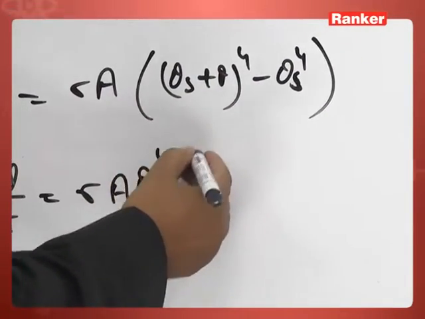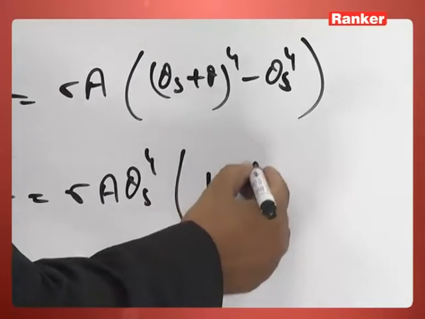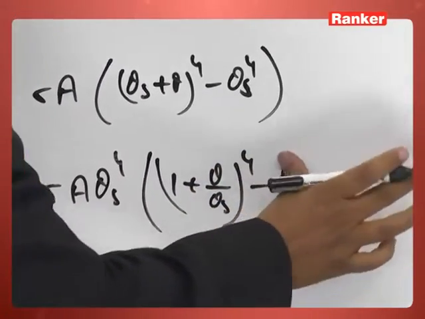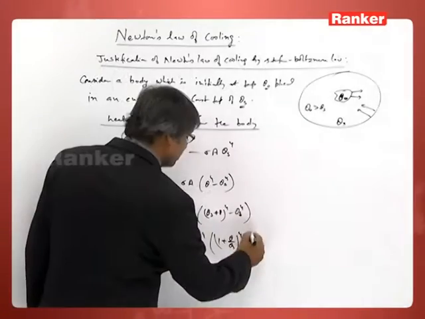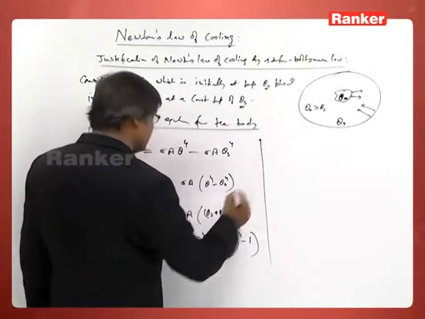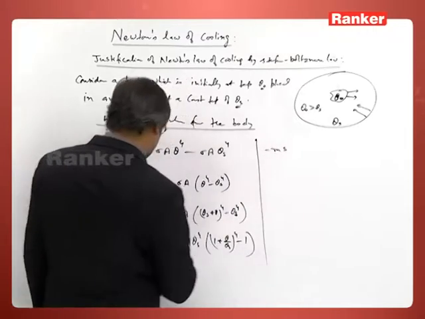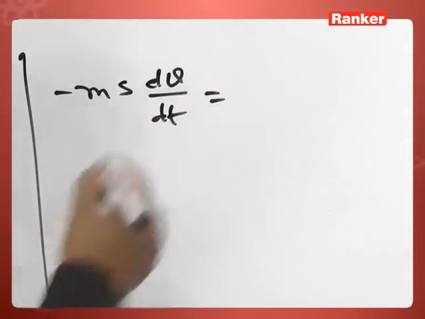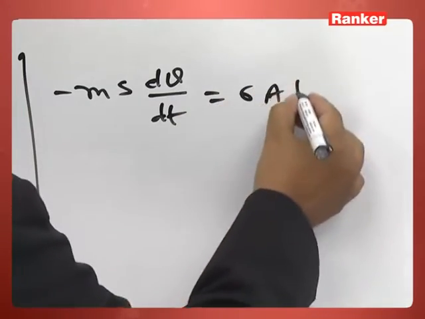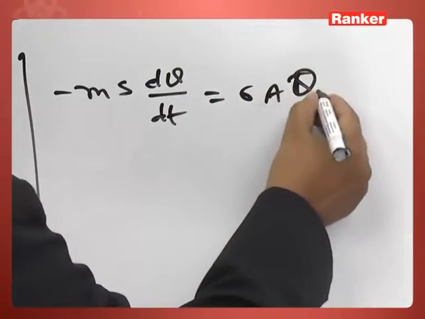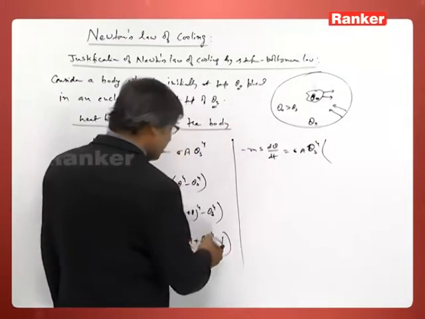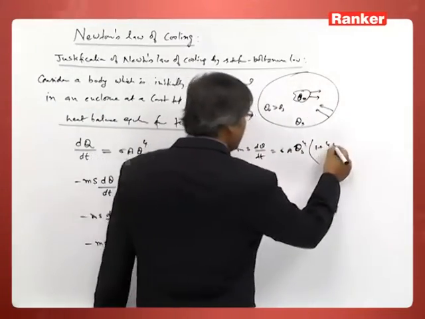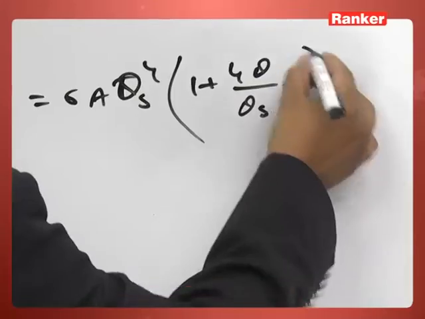So, we have theta s to the power 4 times 1 plus theta by theta s to the power 4 minus 1. Next, you see this is minus m into specific heat into d theta by dt is equal to sigma A theta s to the power 4. Take the binomial approximation, 1 plus 4 theta by theta s minus 1.